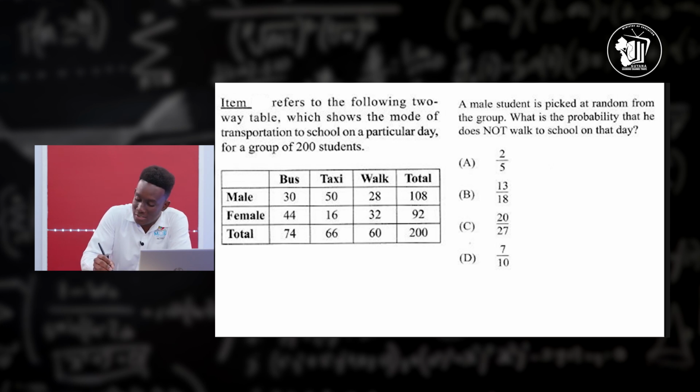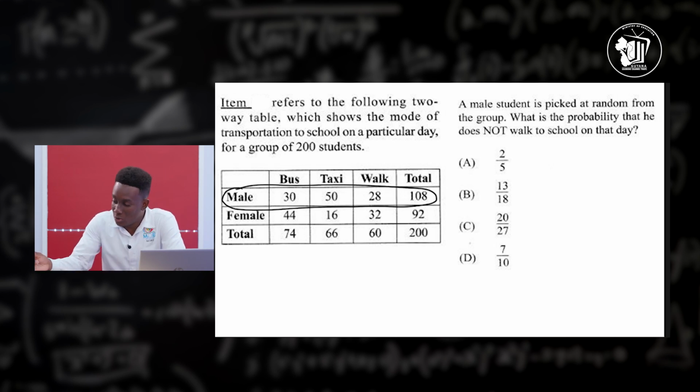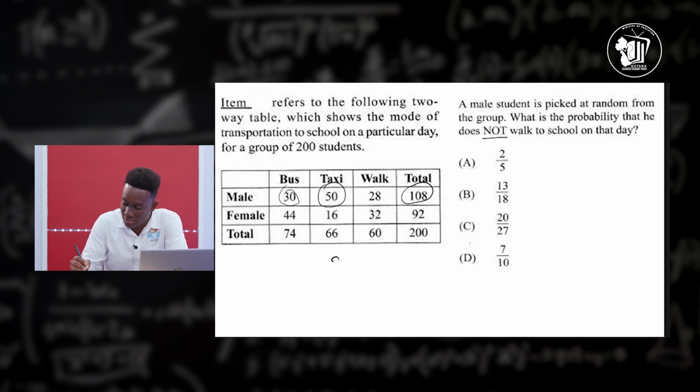So we know a male student is chosen at random. So we know we're just thinking about the male students only. And I want to know what's the probability that he does not walk. So if he doesn't walk, that means he will either take the bus or the taxi. So we know 30 students take the bus and 50 take taxi. So it will be 80 over 108.